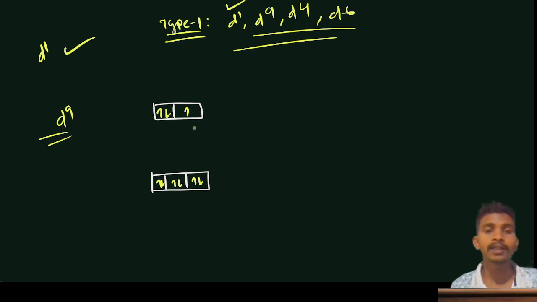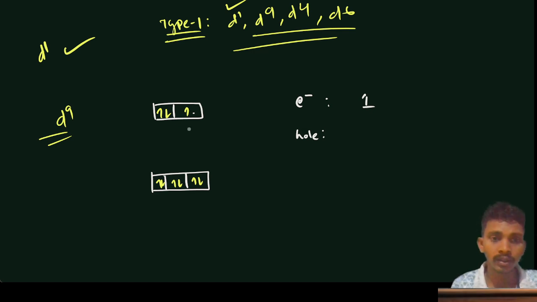For this, how many holes are there and how many electrons, so whether we do hole transitions or electron transitions. The question is hole transition or electron transition. How many holes are there? One hole. How many electrons? This I can do here, this also here, this also here. So electrons are 3, so I can do 3 transitions according to electrons.